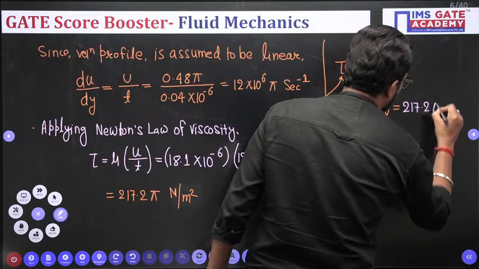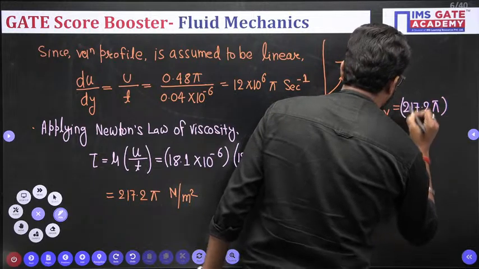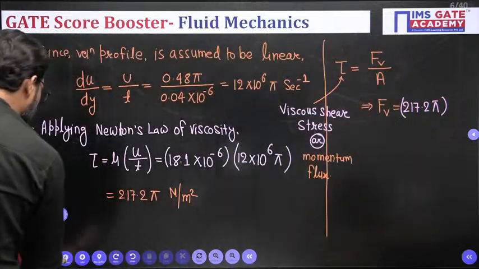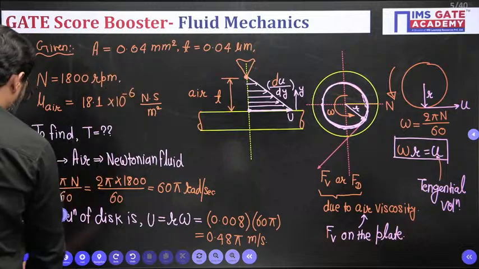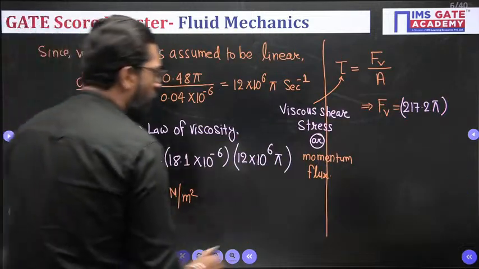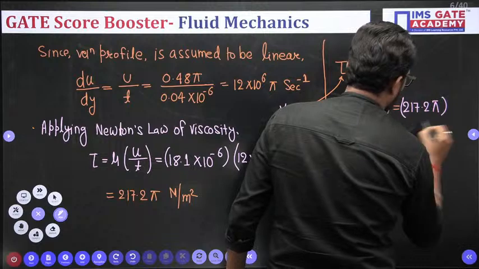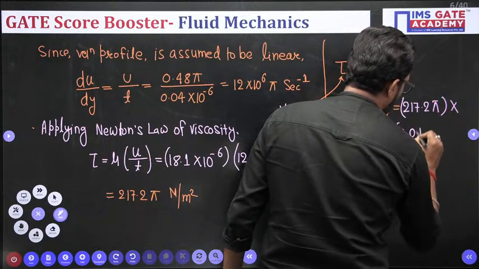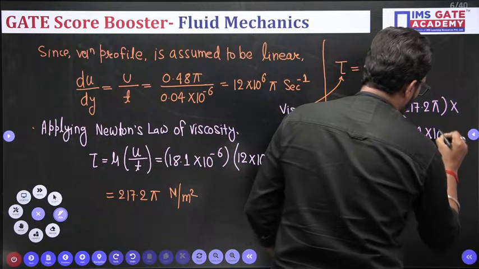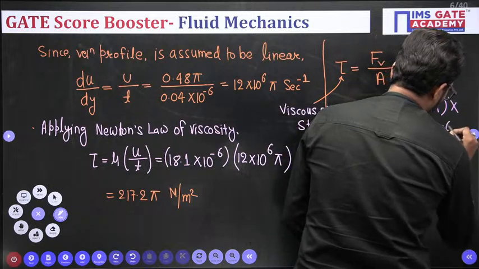Stress you have, 217.2 pi, viscous force you have, and the contacting area is given, 0.04 mm square. So 0.04 into 0.04 mm square, that means multiply by 10 to the power minus 6.